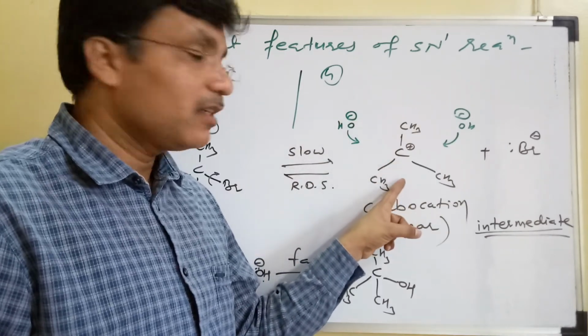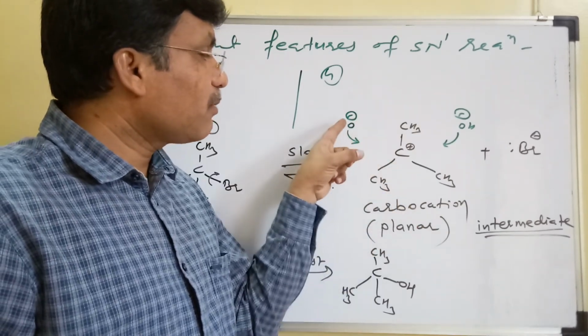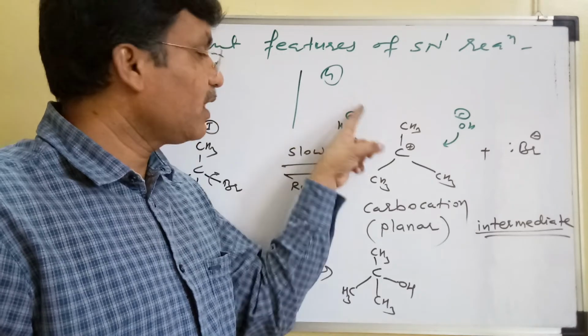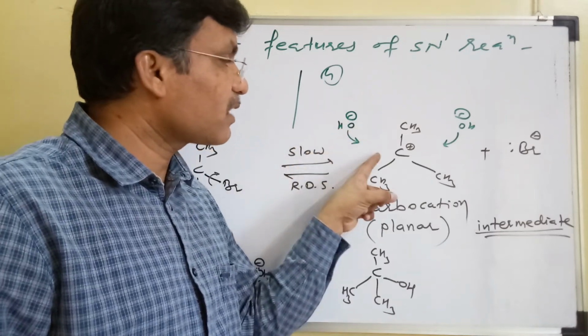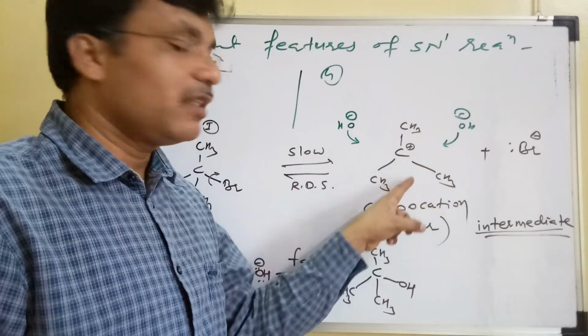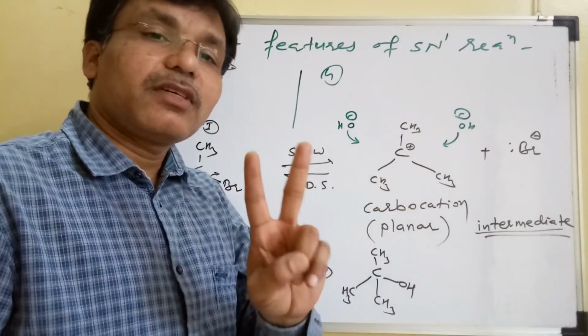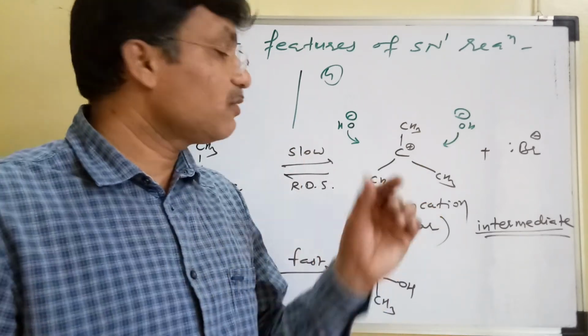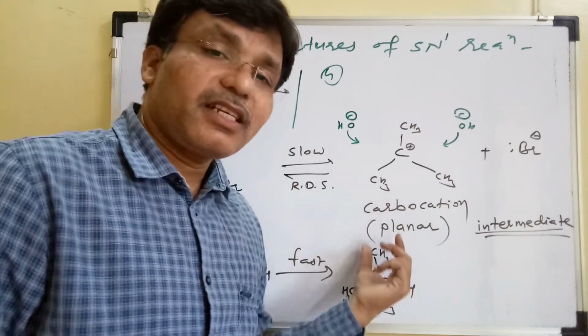Why? Because once the carbocation is formed, the attack of the nucleophile OH may take place either from the back side or from the front side. Then the products formed become almost equal, that is, two enantiomers will be formed, one is R and another one is S. Then both enantiomers of the product become 50% S and 50% R.